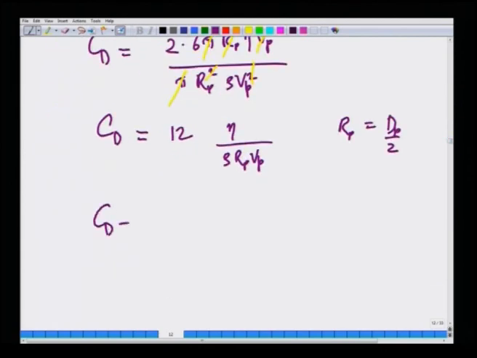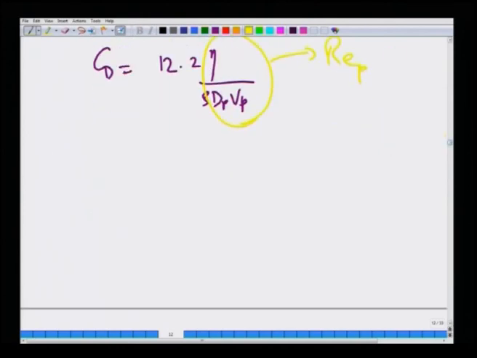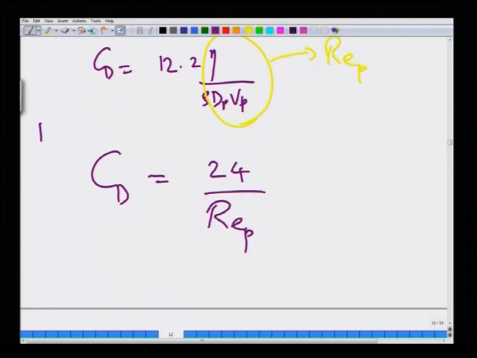So, CD is 12 times eta 2 by rho dP Vp, and this quantity is the Reynolds number based on the particle diameter and velocity. So, the drag coefficient is given by 24 divided by Re based on the particle, for Reynolds number based on the particle much smaller than 1.